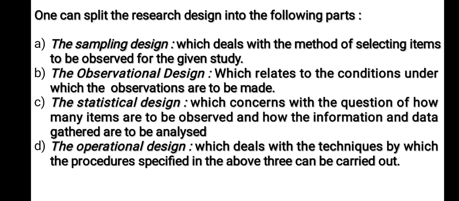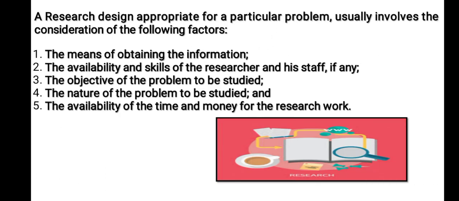The third is the statistical design, where you discuss how the data is to be observed and how the information gathered is analyzed with the help of statistical tools and techniques. And the fourth one is the operational design, which is a technique by which the sampling, the statistical, and the observational designs are carried out. So these are the four parts of research design.